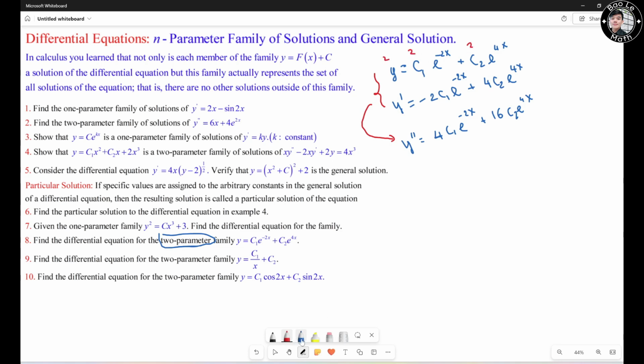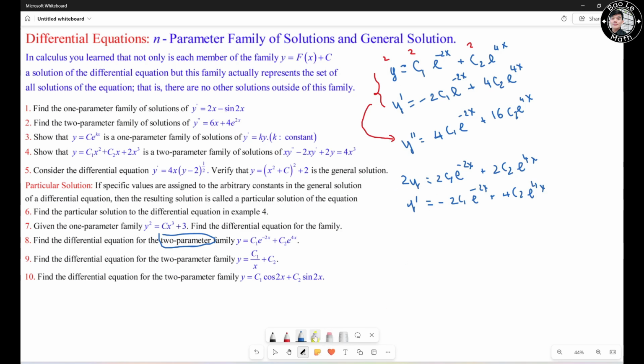So what do I have? 2y equals 2 c1 e to the negative 2x plus 2 c2 e to the 4x. Now I rewrite the second equation, y prime equals negative 2 c1 e to the negative 2x plus 4 c2 e to the 4x.